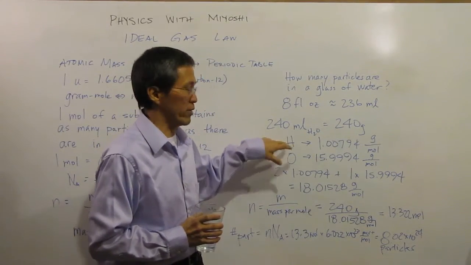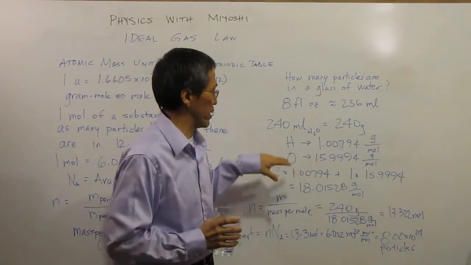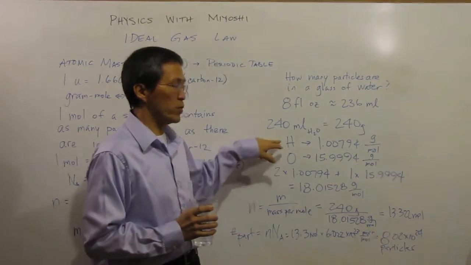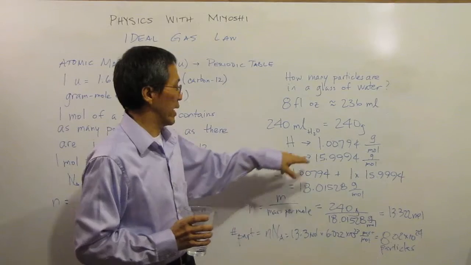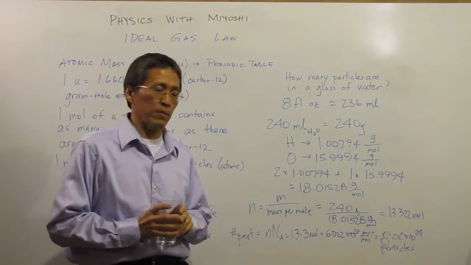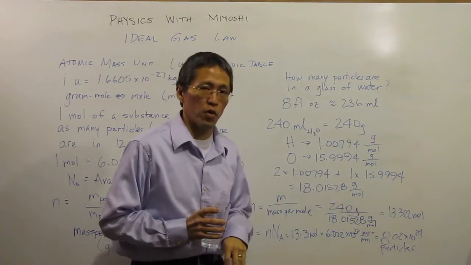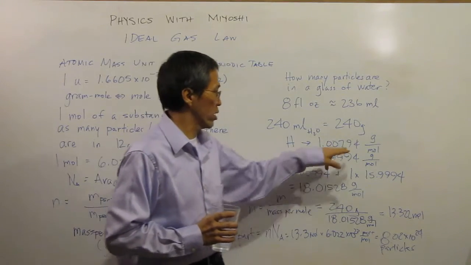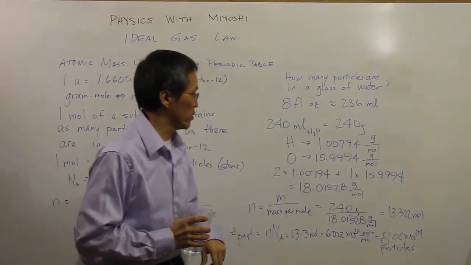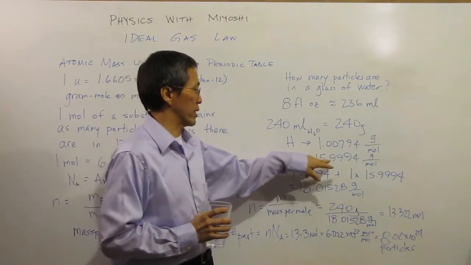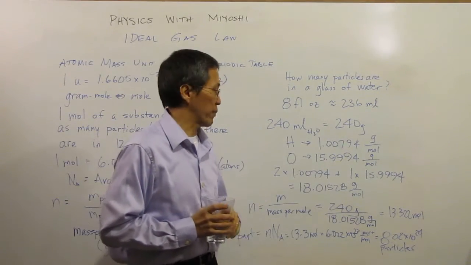Water is made up of 2 parts hydrogen and 1 part oxygen, and I can look on the periodic table of elements and see that hydrogen is 1.00794 atomic units, or grams per mole, and oxygen is 15.9994 grams per mole.